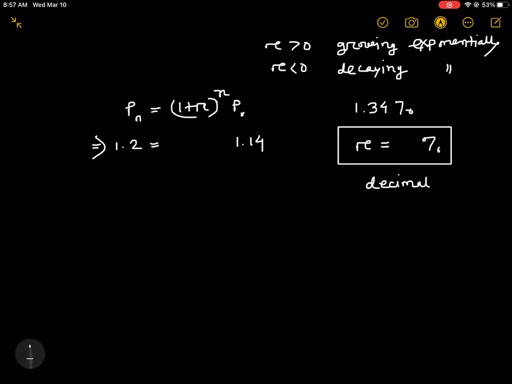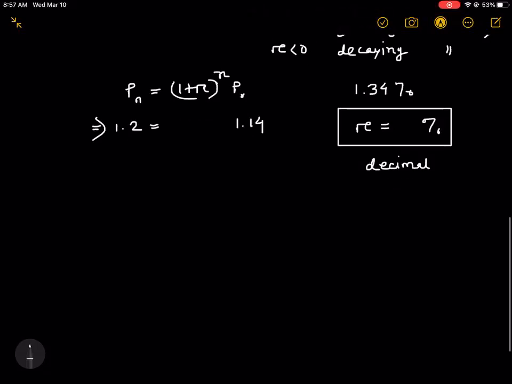Okay, so R is 1.34%, and if we transform it into decimals, we get 0.0134, just dividing it by 100 because it's given in percentage. So now we can plug in R. So it would be 1 plus 0.0134. And of course, P naught is the initial population at the starting year, which is 1.14.